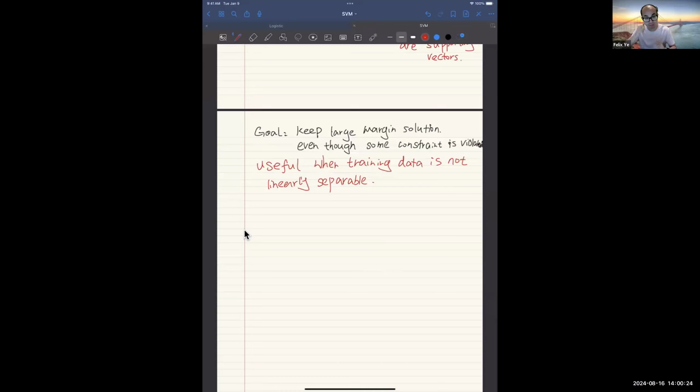So what we're going to do is introduce something more. I'm going to introduce an additional variable, a slack variable. So what does this variable do? I'm going to call it xi. xi is also in R^n.